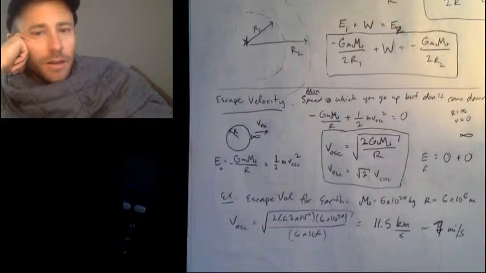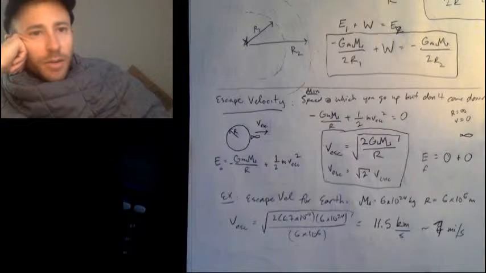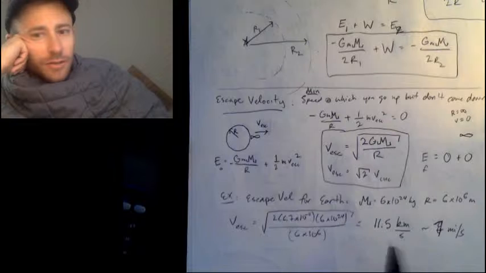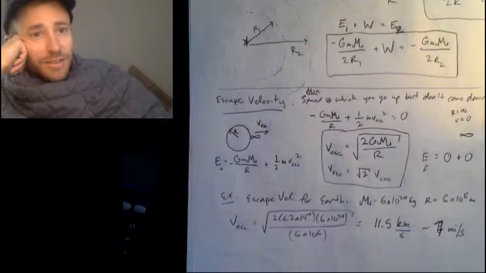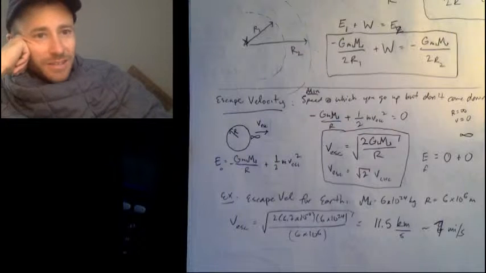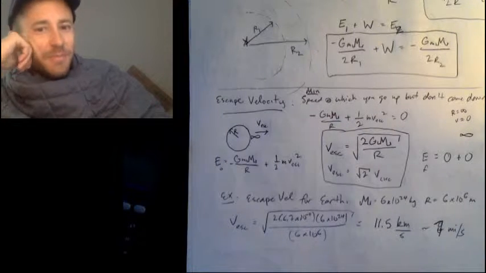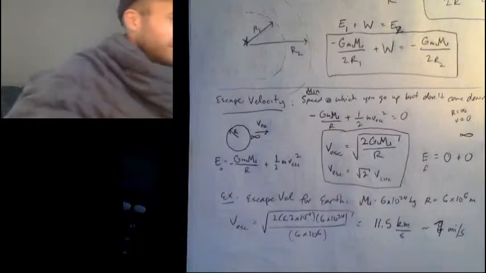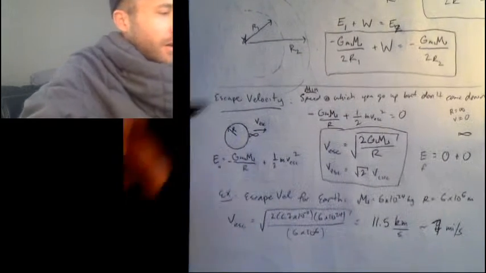So any interplanetary mission that NASA does, they have to at least achieve a speed of 7 miles per second. Just think about how fast that is. That's crazy, crazy, crazy fast.